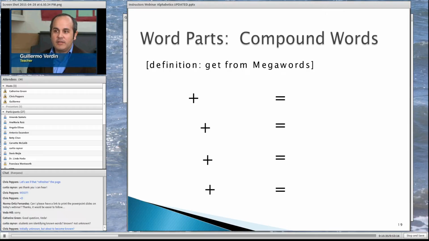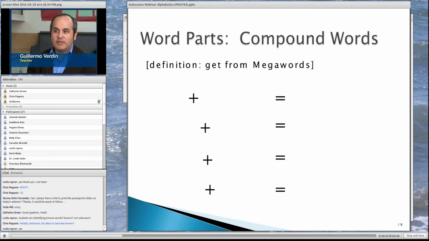So it is words that are known and unknown, but we want to focus primarily on the known ones. Of course, everything we're doing here is also going to help them with unknown words. And when I say unknown, I mean the meaning of the vocabulary word. It's possible they'll be able to decode a word successfully, but they don't know what the word means. Did that clarify your question, Curtis? So it's identifying both known and unknown words.